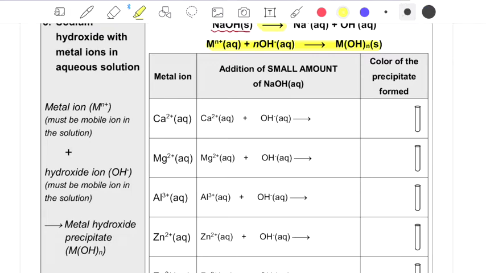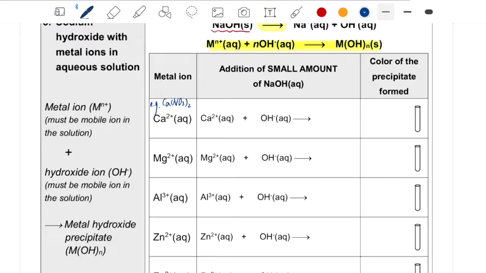Let's take a look at the first example. We have calcium as a metal ion. Calcium will react with the hydroxide ion, which comes from sodium hydroxide. What do we mean? Calcium ion reacts with hydroxide. We can use an example. If we have an aqueous solution with calcium ion in it, an easy example would be calcium nitrate, because all nitrate salts are soluble.